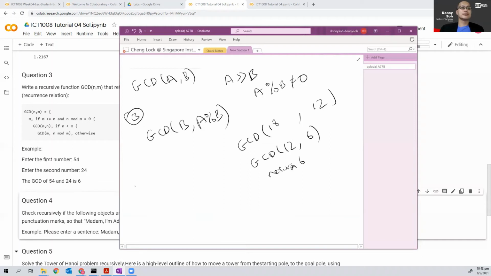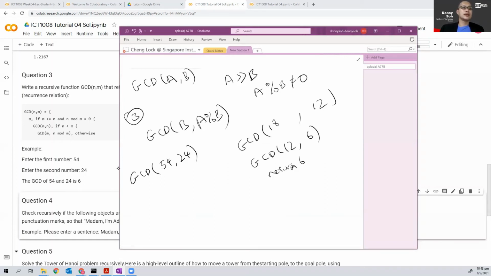Let's try another example. GCD of 54 and 24. It passes the first condition. It passes the second condition.